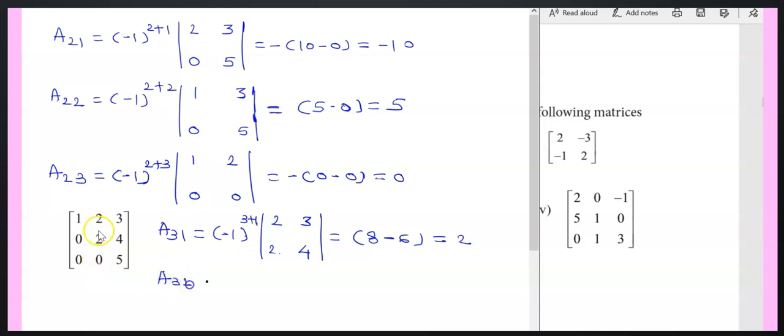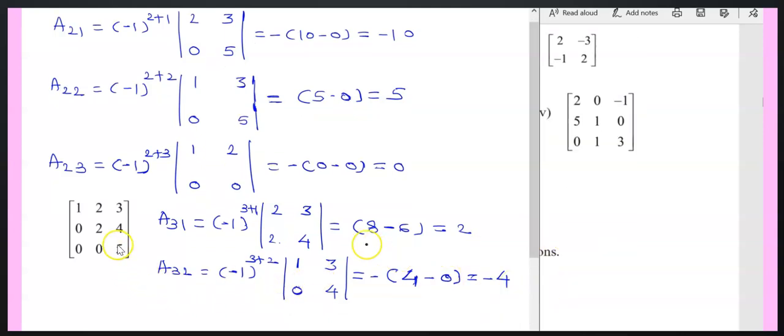A32. Therefore you will get 1 3 0 4, that is equal to minus 4. And last is A33.